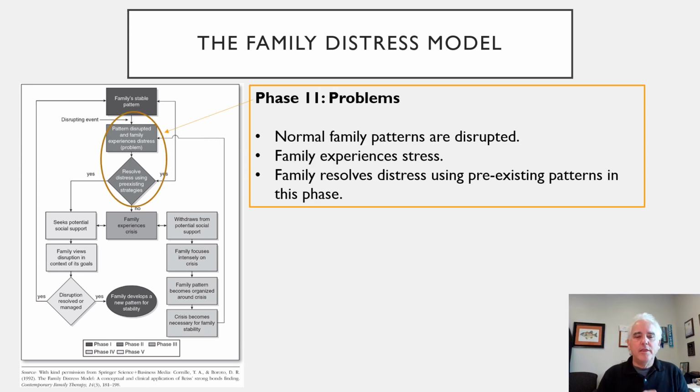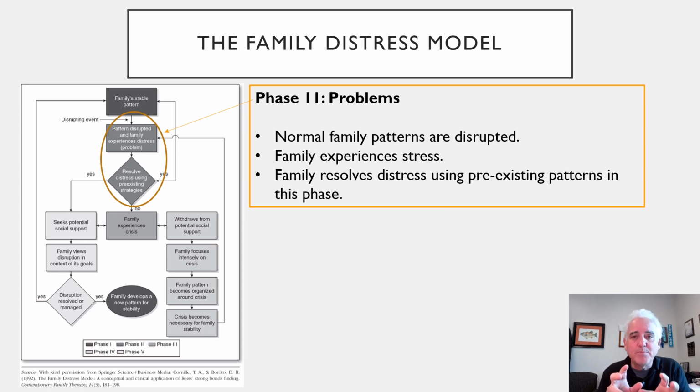So the second phase of the family distress model is the problem. Now, we've already talked about how this disruptive event intervened itself into the family's normal patterns of functioning, right? So their normal patterns are then disrupted.